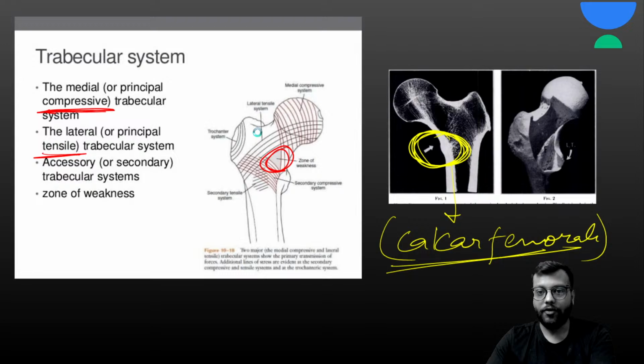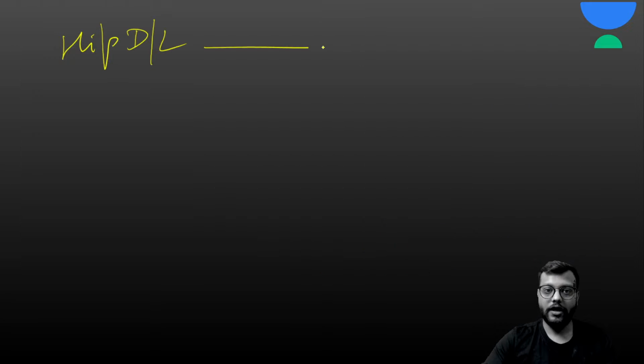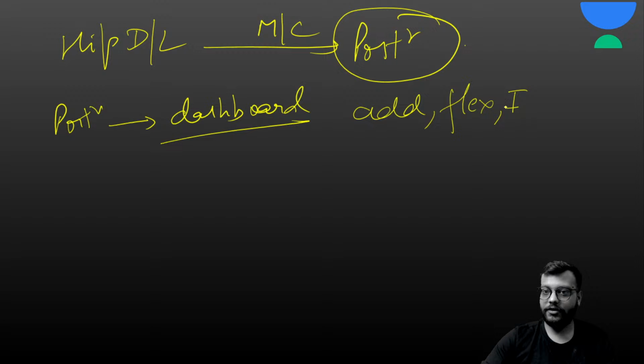Okay, now coming to the dislocations of the hip. In hip dislocation the most common is your posterior dislocation of the hip. And posterior dislocation is due to the dashboard injury, because an anterior-posterior force is applied, only then will posterior dislocation happen. So in dashboard injury the presentation of the lower limb will be adducted, flexed and internally rotated, and opposite will be in the anterior dislocation, where the leg will be abducted, extended and externally rotated.